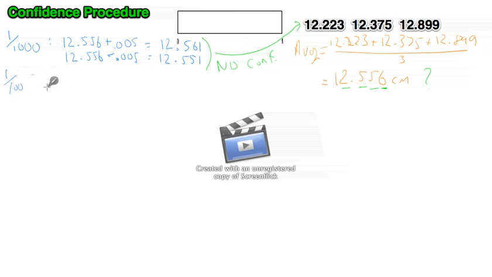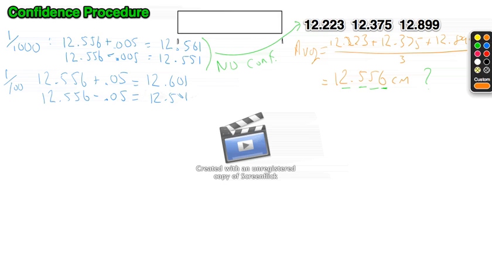So now we're going to check the hundredth place. Again, we're going to do 12.556 plus 0.05, 5 hundredths, and that's going to be 12.601. And 12.556 minus 0.05, that's 5 hundredths, gets us 12.501.